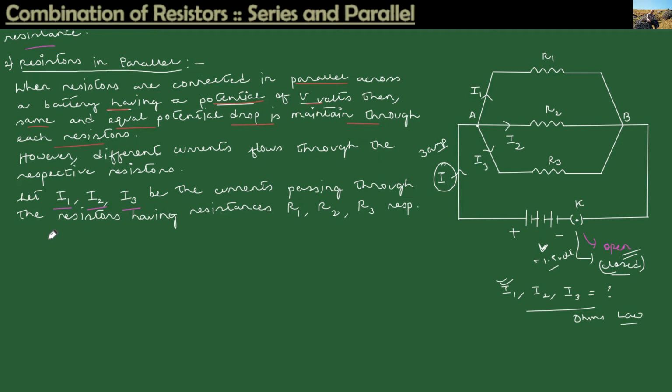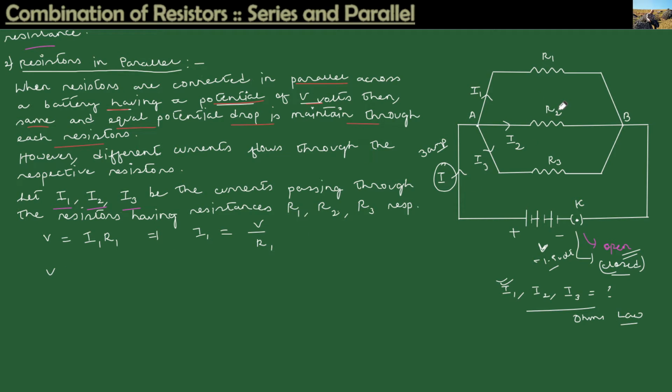Accordingly, we can write: the voltage across the resistor R1 will be I1 R1, which implies that I1 will be equal to V divided by R1.